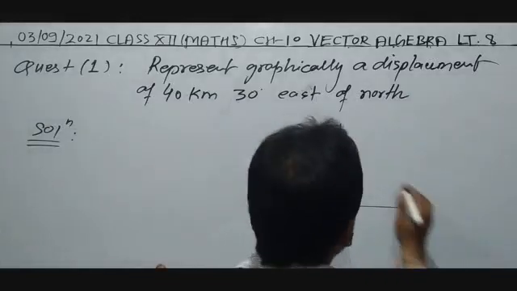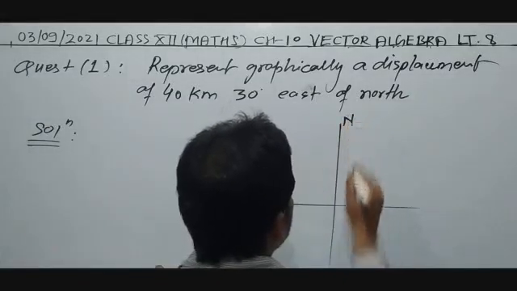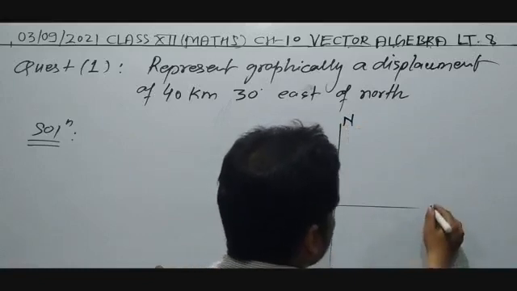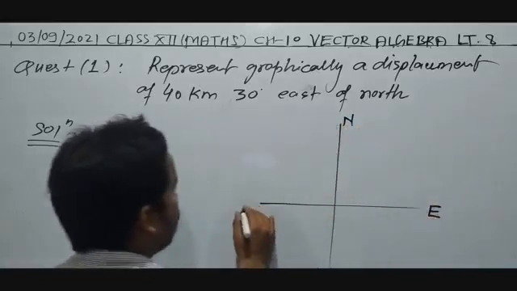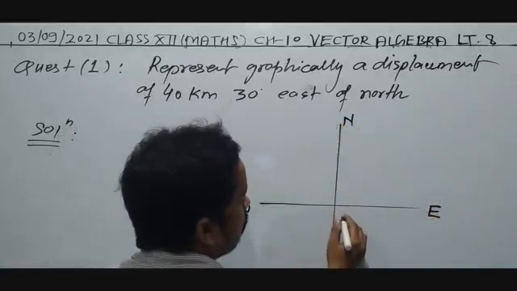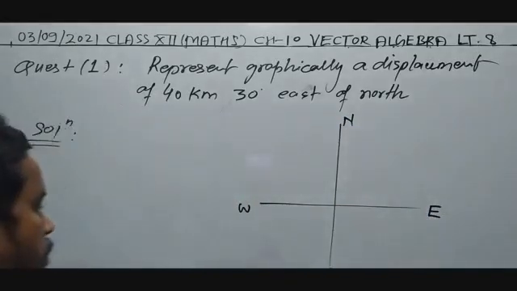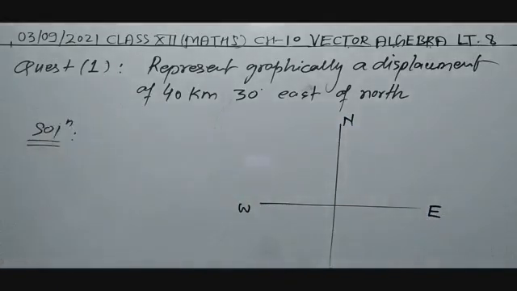This is north, this is south, this is east, this is west, and each is perpendicular. Now the question is: a displacement of 40 kilometer 30 degree east of the north.